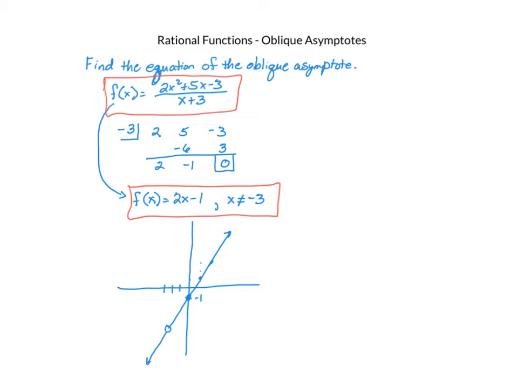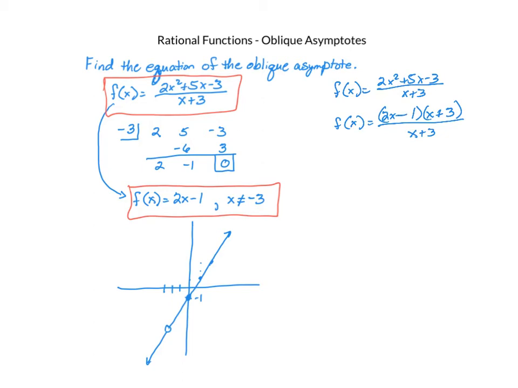Now, was there a different way to get to that result? Sure. Right here at f of x equals 2x squared plus 5x minus 3 over x plus 3, if we had just factored the numerator, we know how to factor a trinomial like that. We'd have a 2x and an x and 1 and a 3 with the plus on the 3 and the minus on the 1.